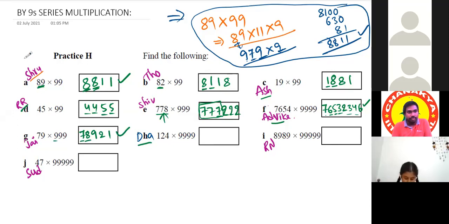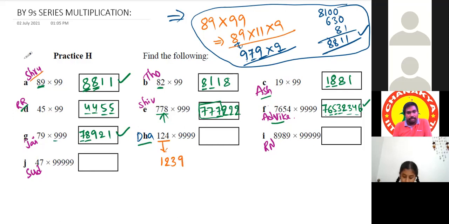Dhanyasri. Yes, sir. The predecessor of 124. First tell the predecessor of 124. 123. How many 9s are extra? 1. So keep that extra 9 here.